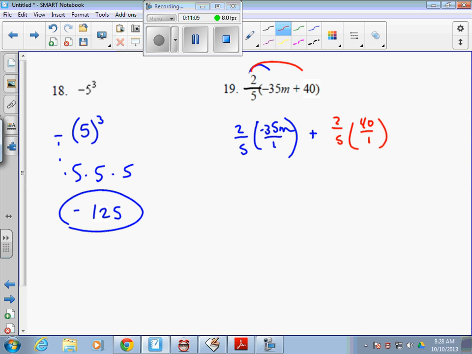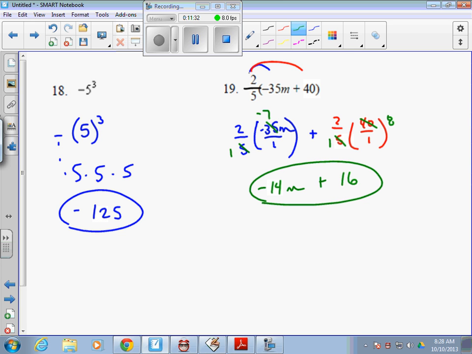So cancel out what you can. 5 goes into itself once and into negative 35 negative 7 times. So 2 times negative 7 is negative 14m, and it's over 1, so we don't have to put it as over 1. Plus, cancel this out. 5 goes into itself again once, and it goes into 40 8 times, so we have smaller numbers there as well. 2 times 8 is 16 over 1, so negative 14m plus 16.